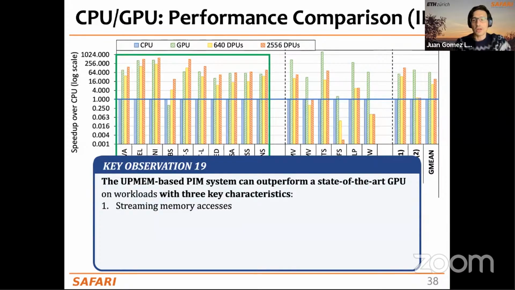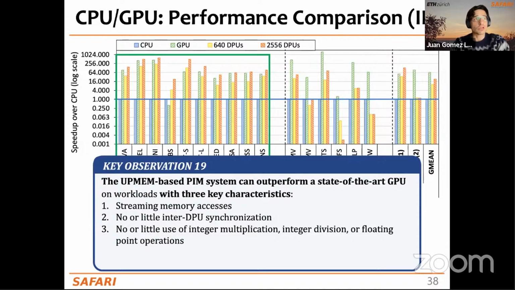So we are, let's say, benefiting more from the fact that we are closer to memory and we can exploit larger bandwidth. Also, in these 10 benchmarks, there is no inter-DPU synchronization or very little inter-DPU synchronization, for example, just final result merging. And also these benchmarks have no or little use of complex operations that, as we also discussed in a past lecture, are not so good on the current ALUs, at the current pipeline of the DPUs.